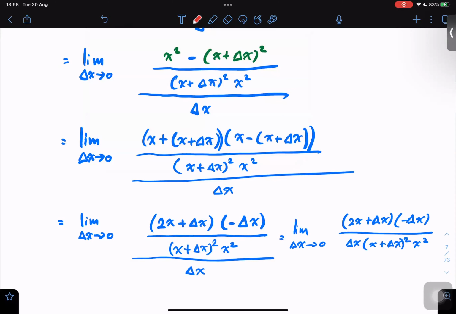Then you can cancel this with this one, so this one will become minus 1. Do you have any question here?